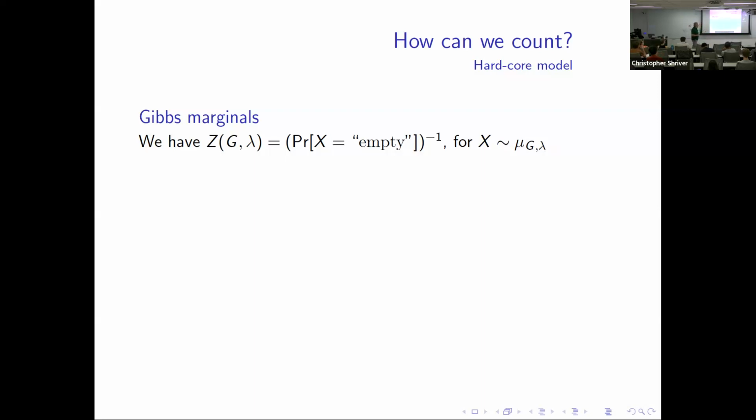Then if you also know the probability of X being empty, the empty set is an independent set of G, right? So if you told me the probability for X to be the empty set, then trivially you can argue that the partition function you are looking for is 1 over this probability.